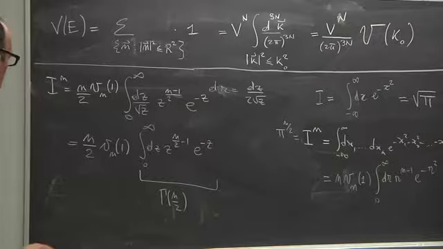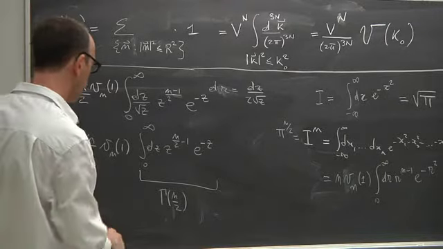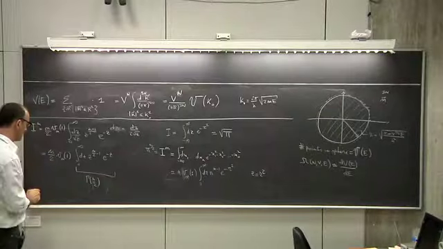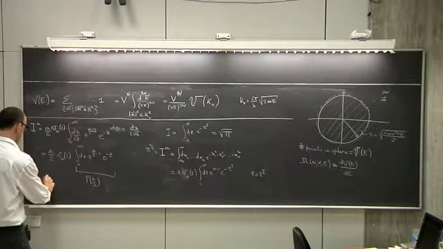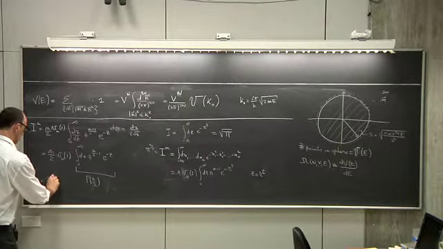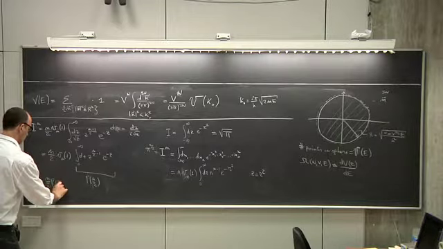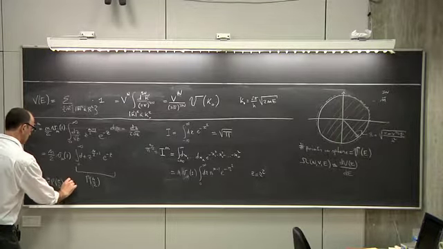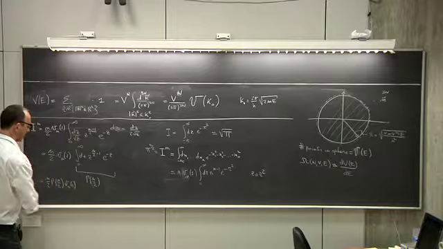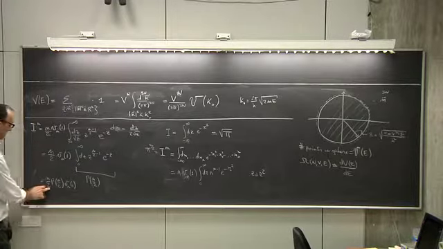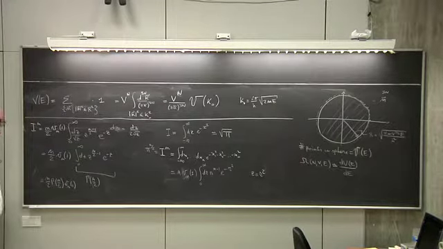Very good. So this is n over 2 gamma of n over 2 times v_n of 1. And n over 2 times gamma of n over 2 is what? It's gamma of n over 2 plus 1, which is n over 2 factorial.